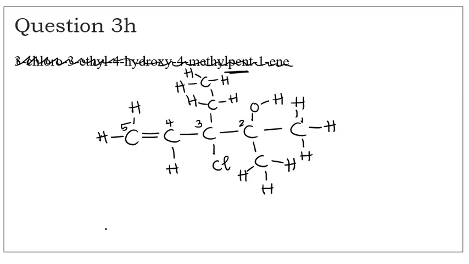So let's do that. 3 chloro. I'm going to put this as the new question, I think. 3 ethyl. Oh, actually, 5 in. 3 chloro, 4 in, because of that.